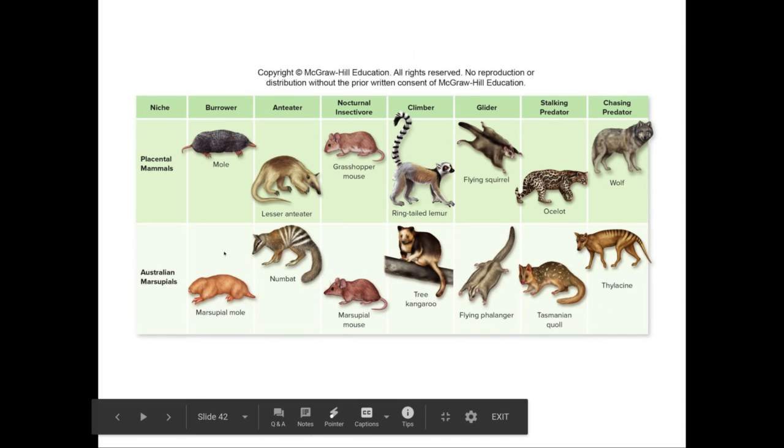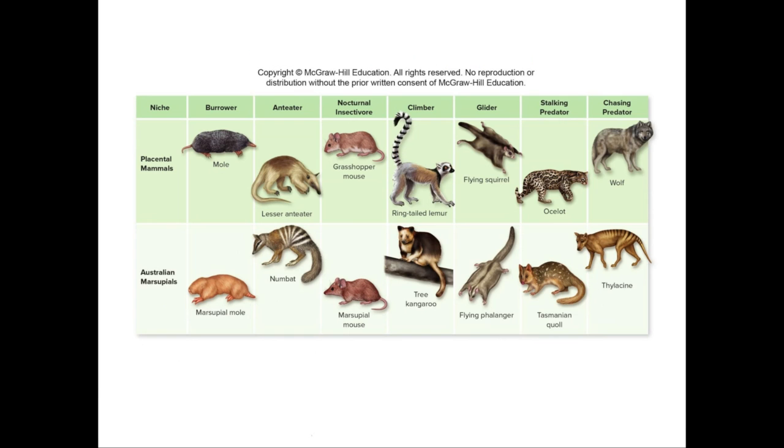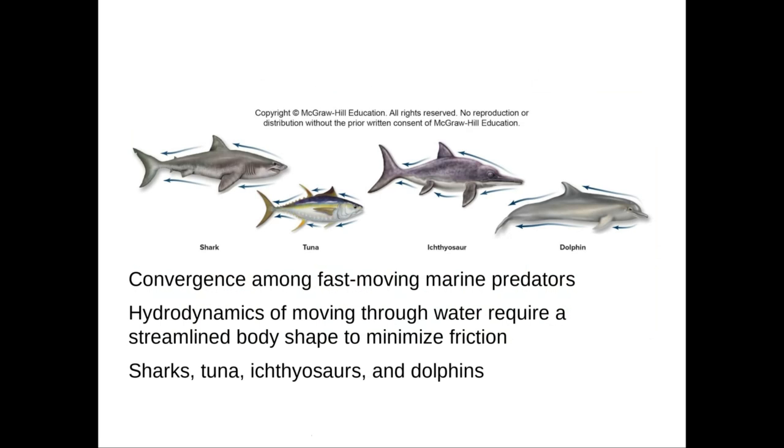So we can have convergent evolution where traits evolve because similar environments exist in very, very geographically distinct areas. And the wolf and the thylacine are a great example. Well, the wolf is larger, but they're large predators. They hunt, forward-facing eyes. All these characteristics are similar, even though they evolved independently and very far apart from one another. So that's convergent evolution.